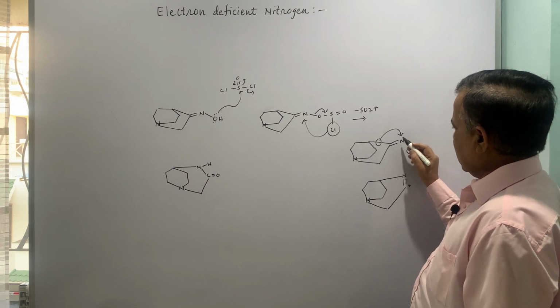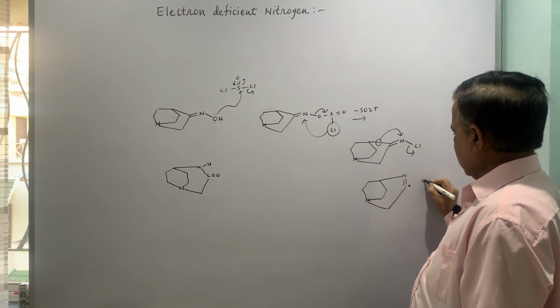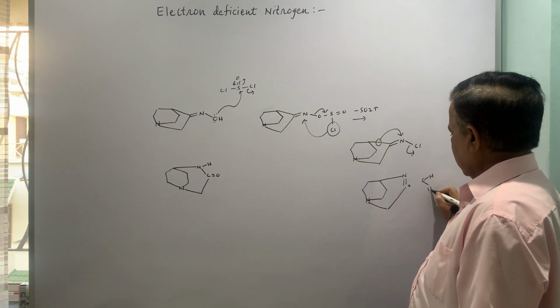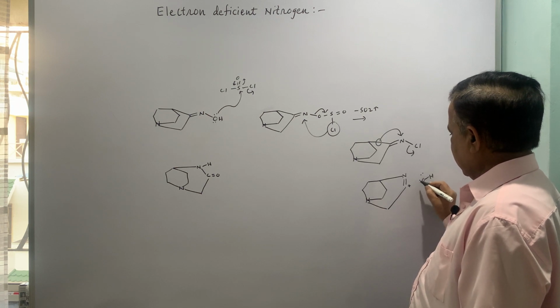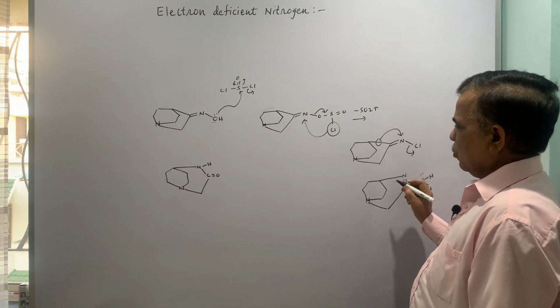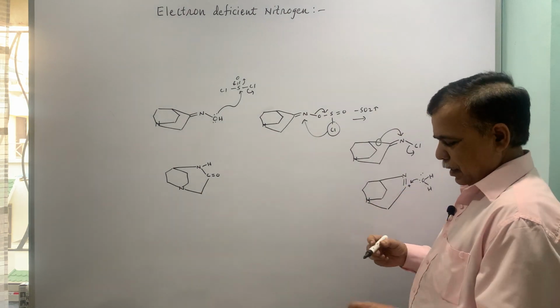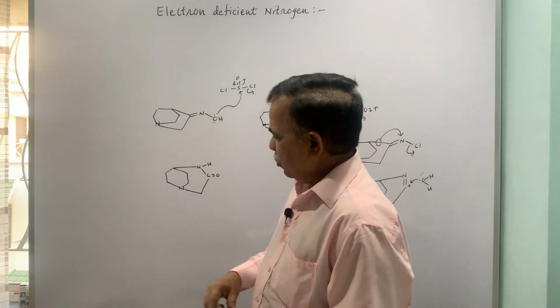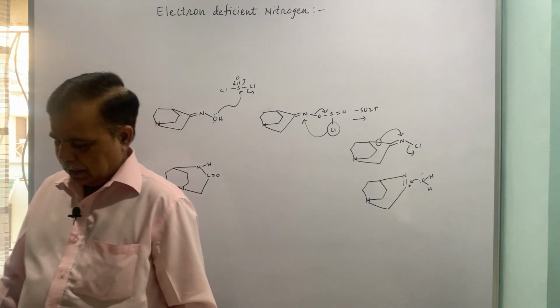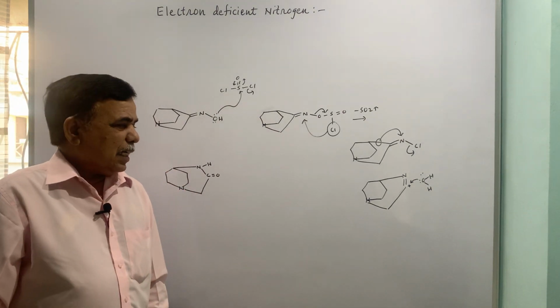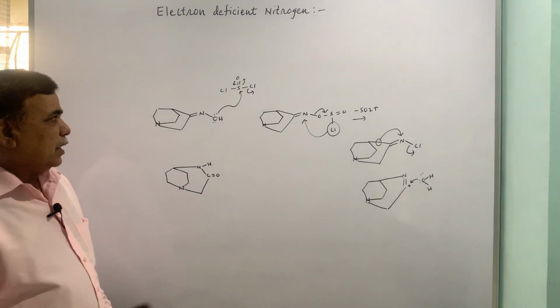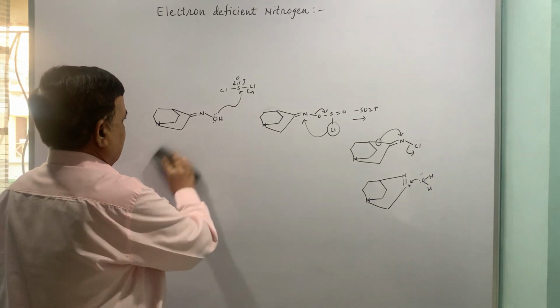So this is 6 and this is 7. So this is attacked by water, and whatever mechanism we have written earlier, the same thing you can show, and that is how you get the expansion of ring to this cyclic amide or lactam. So that is the second example.